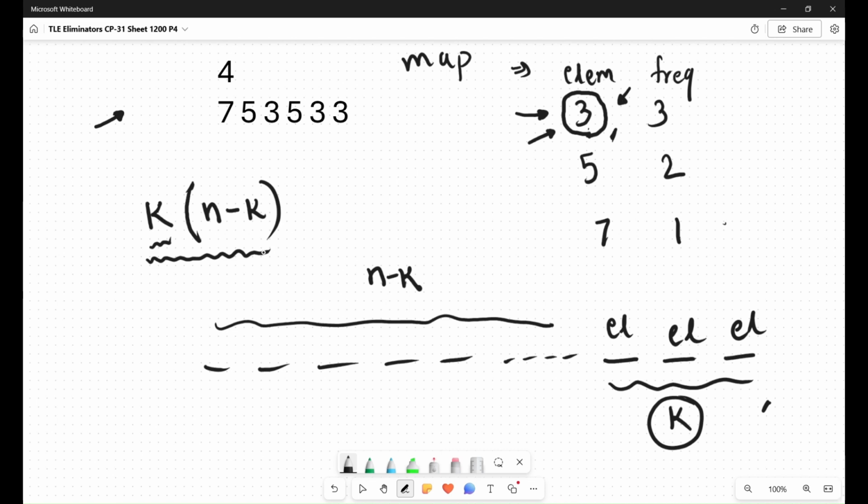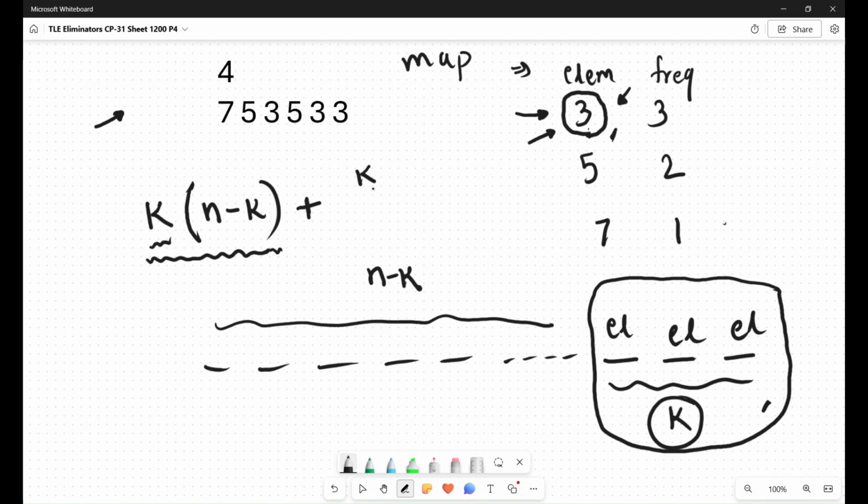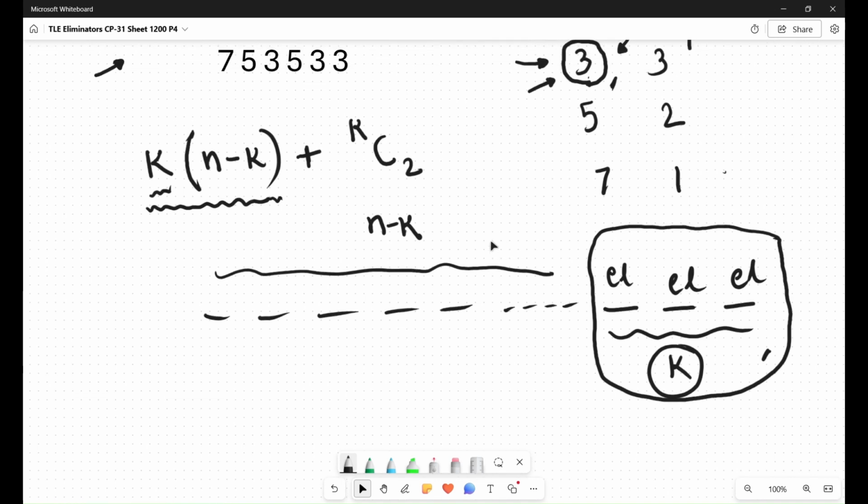That's the basic combinatorics, the product principle, and plus. Why plus? Because of the pairs within these elements. How many pairs will there be among these elements? Like k choose 2, kC2, because that's again the basic combinatorics.